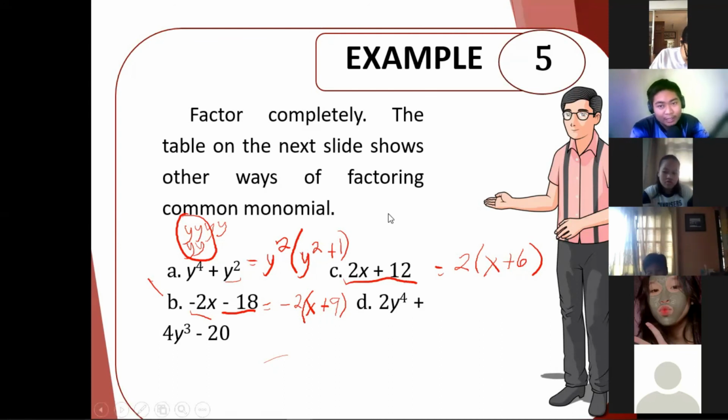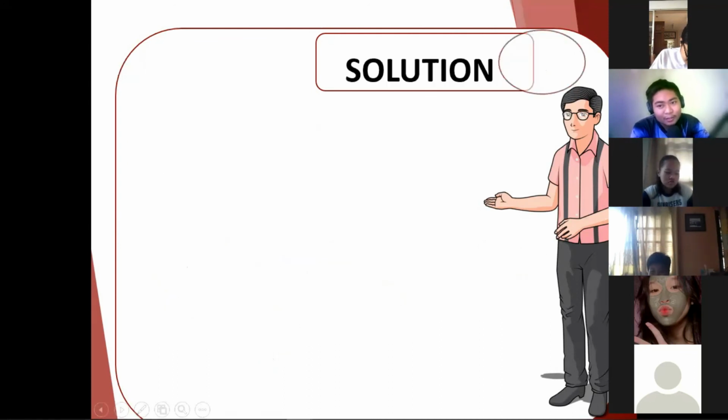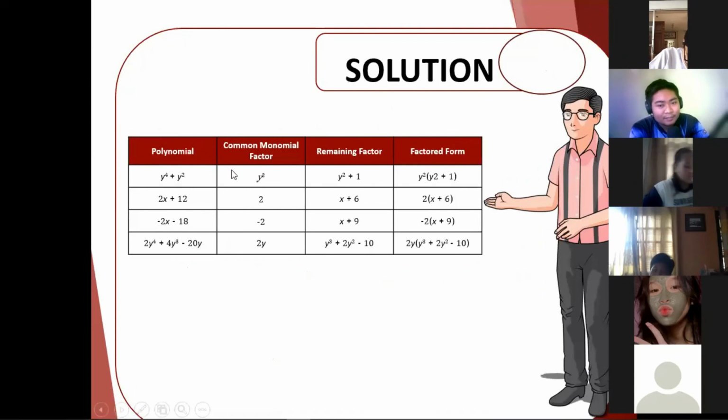Okay, so here it is. This is the other way on finding the factor of it. Ayan. So we have the polynomial y raised to 4 plus y squared. So their common monomial would be y squared, like our first lesson kanina: get the common monomial factor.